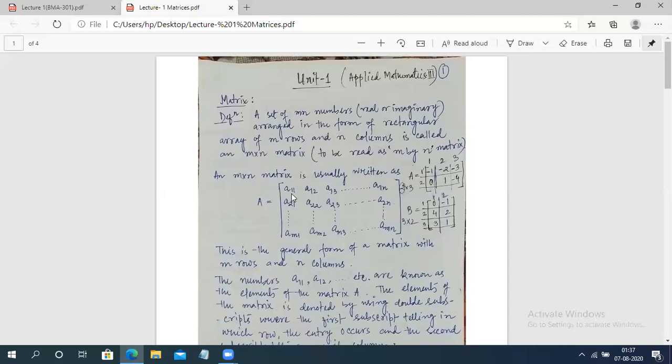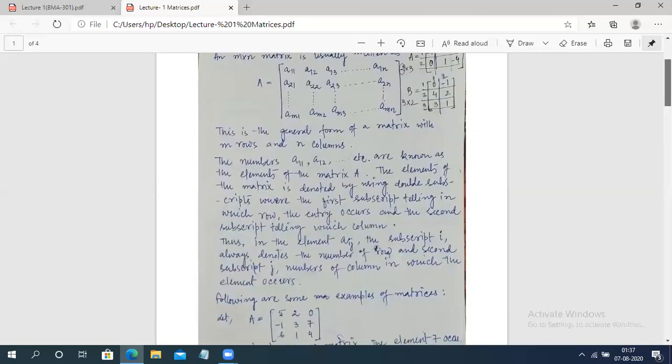The first subscript denotes in which row that element occurs, and the second subscript denotes in which column that element occurs.